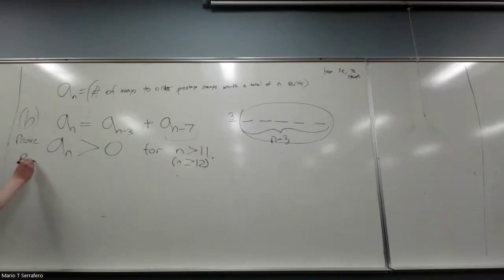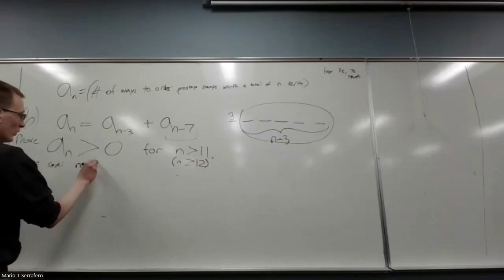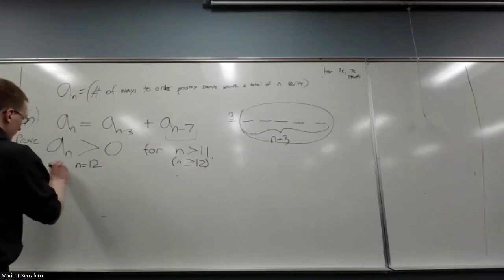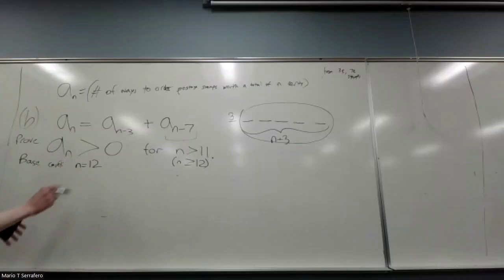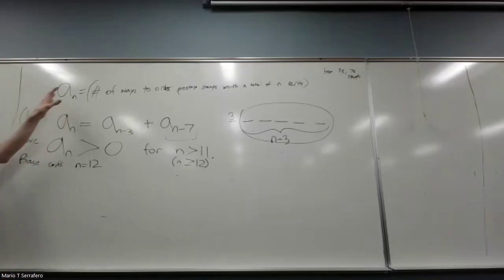So this is an induction proof. We'll start with n equals 12, and we want to verify that a sub n is greater than 0, or equivalently greater than or equal to 1. If we can find at least one way to order the stamps, then that gives us a sub n greater than 0.